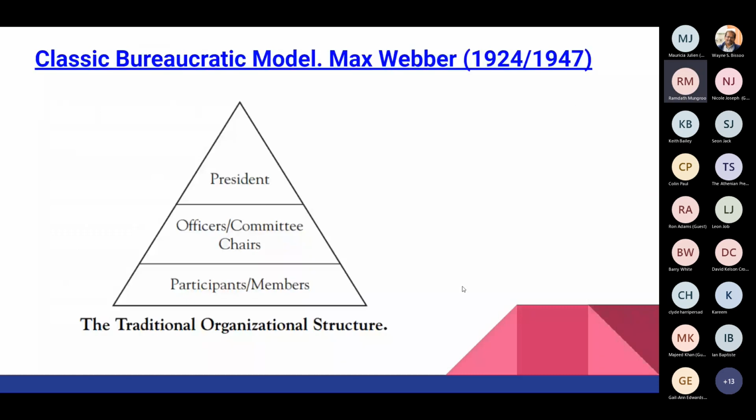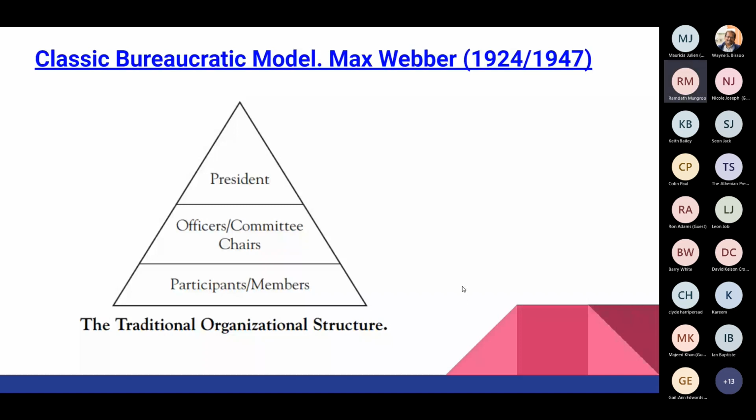So within the organization, there are different types or models of organizational structures. And this particular type is a traditional organizational structure. This was developed by a gentleman by the name of Max Weber, which speaks about the classic bureaucratic model.